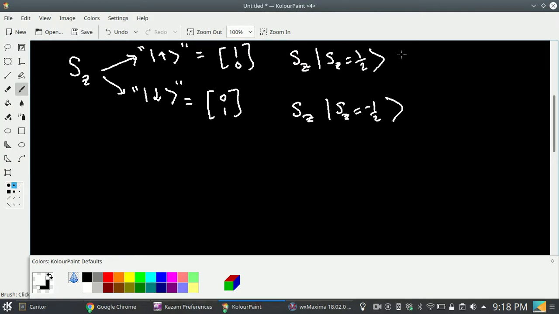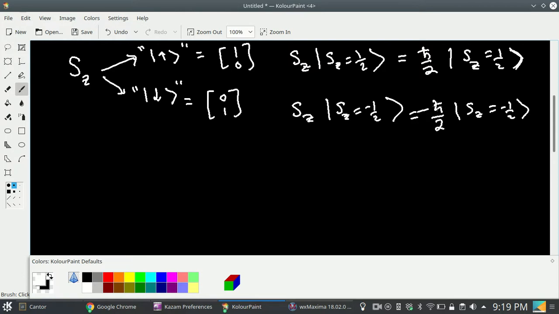But anyways, when you do that operation, what you get is h bar over 2 as the eigenvalue and minus h bar over 2 as the eigenvalue for the spin down, and then you get the same ket, of course, because it's an eigenvector for that operator. That's how they work, yeah?